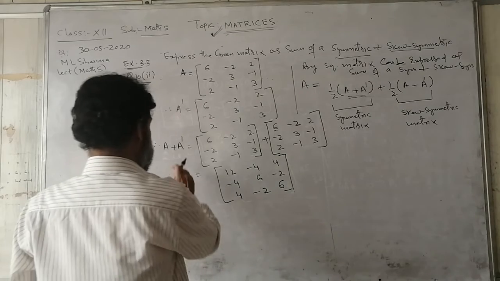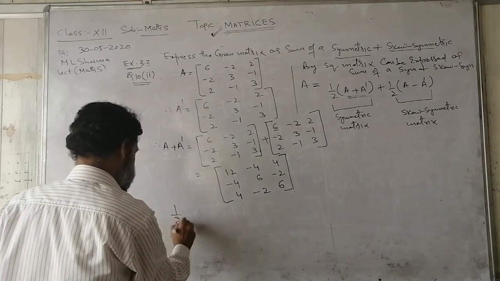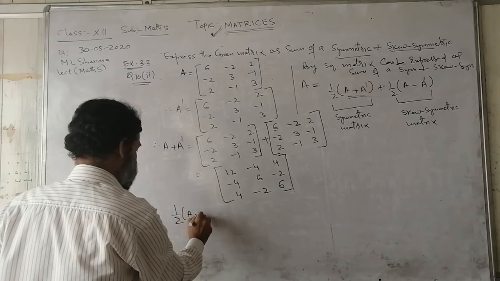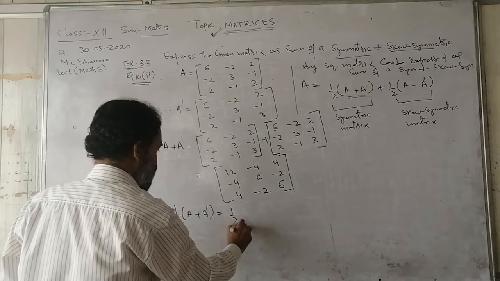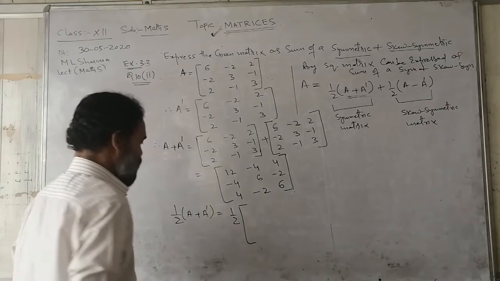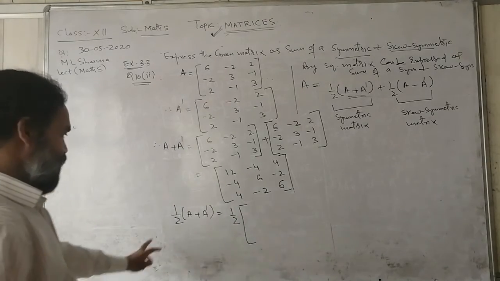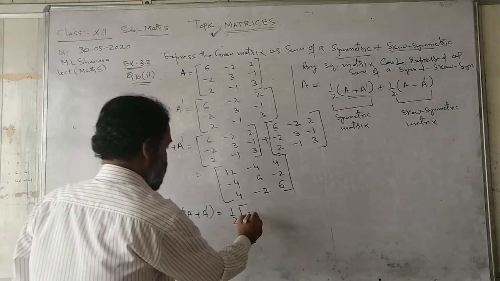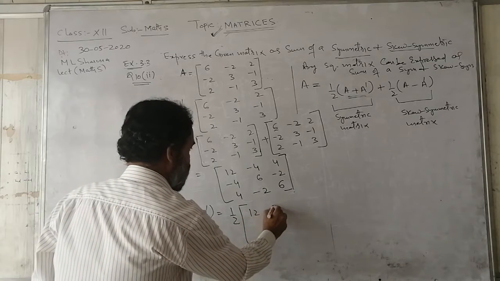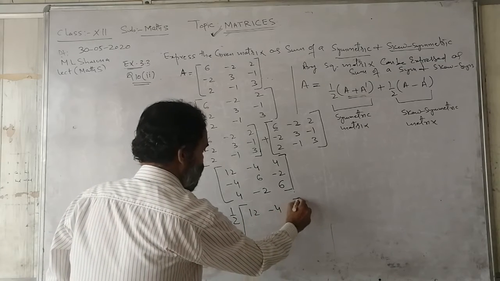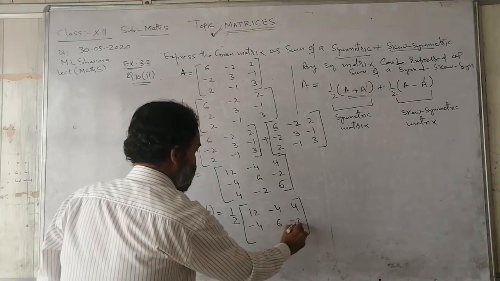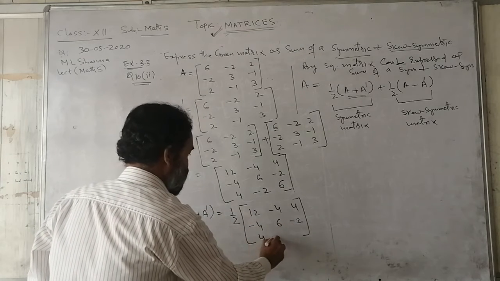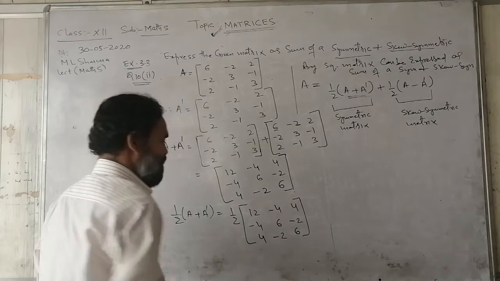Now if I find half of this, multiplying both sides by 1 by 2, so I will have 12, -4, 4, then -4, 6, -2, 4, -2, and 6.